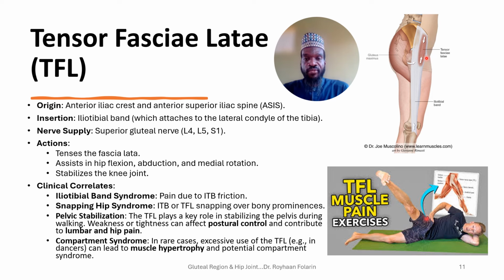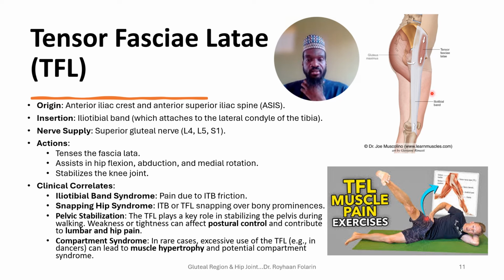But by virtue of its name, tensor fasciae lata, its major action is the tensing up of the fascia lata, which is the deep fascia surrounding the gluteal muscles and the muscles of the thigh. It also stabilizes the knee joint by virtue of its tensing action, the pressurizing action that it confers on the fascia lata.